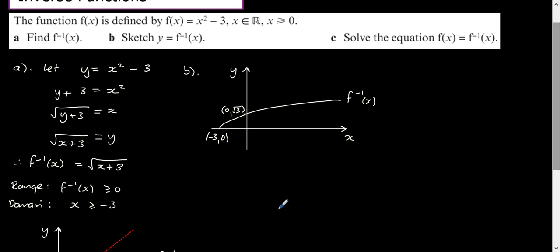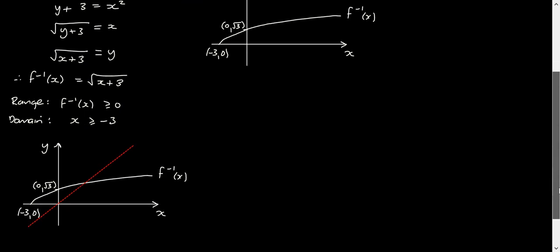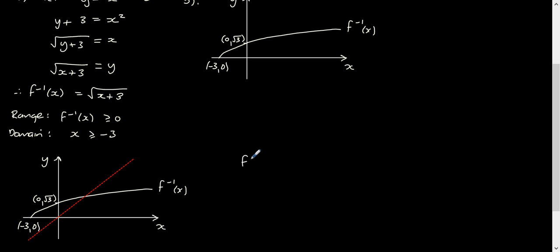So now we're being asked to solve the equation f of x equals f to the minus 1 of x. Now, if we just jump in with both feet and say f of x equals f to the minus 1 of x, then we would end up trying to solve the equation x squared minus 3 equals the square root of x plus 3, which would be x squared minus 3, all squared, is x plus 3, which comes out horrible.